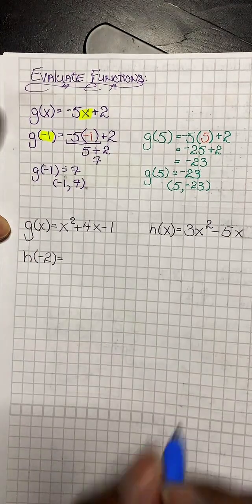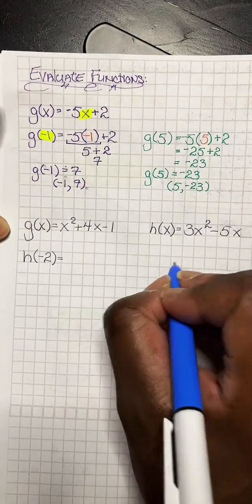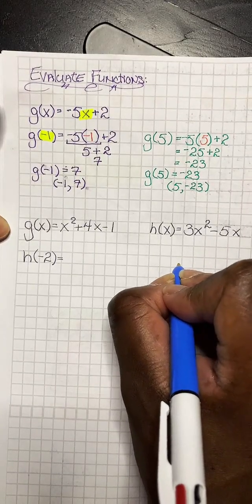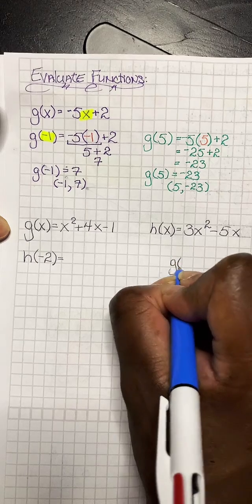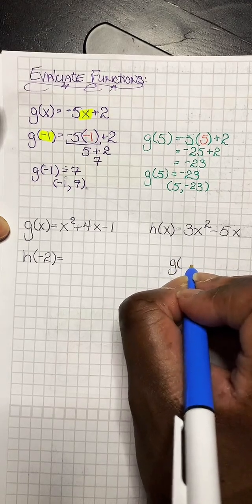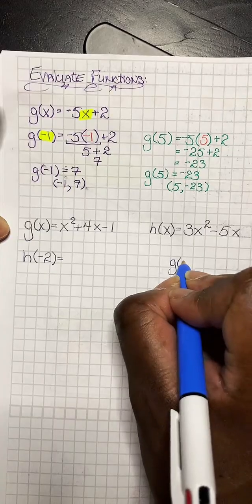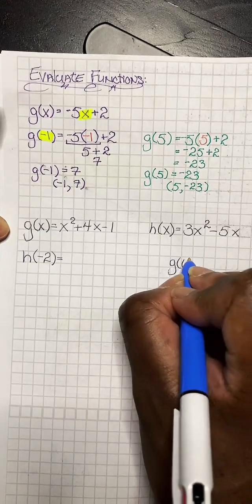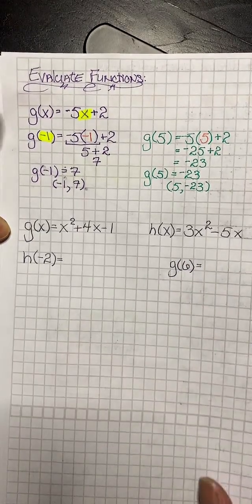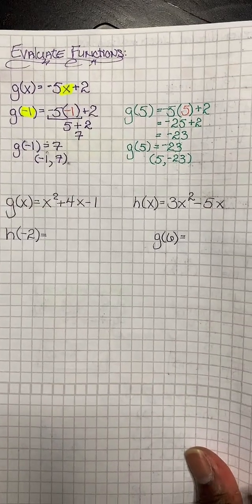We'll go there. And then we're going to find, let's say, the g of 6. Why not?